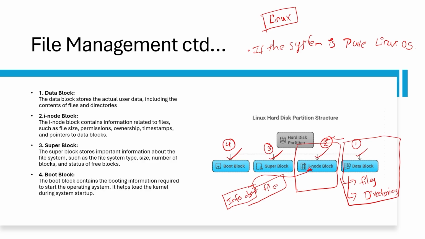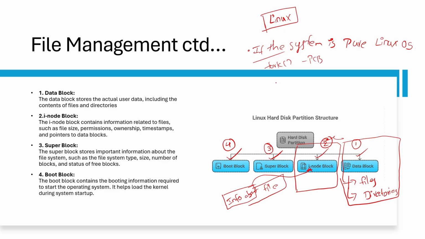This is enough about the inode block. In process management we saw that if we create a fork, a PCB block is created.